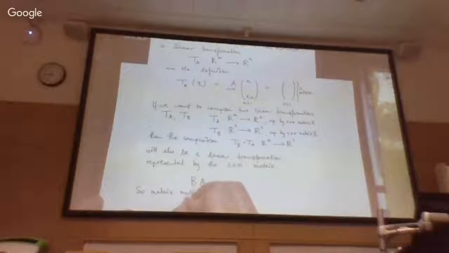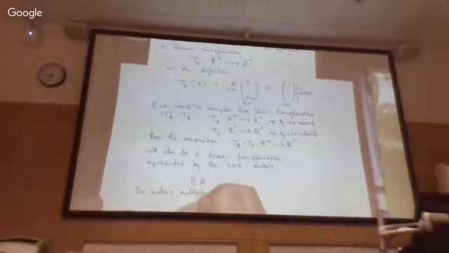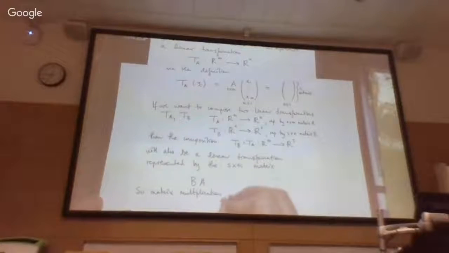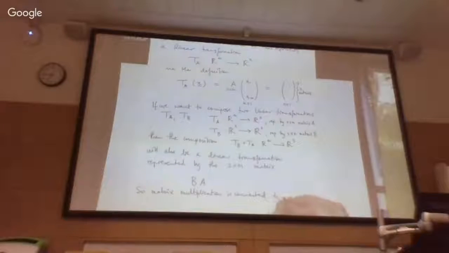So matrix multiplication is connected very intimately; it represents composition of linear transformations, composition of the associated linear transformations.